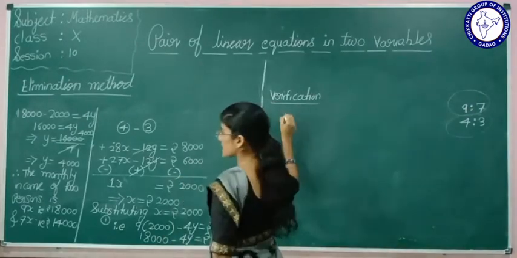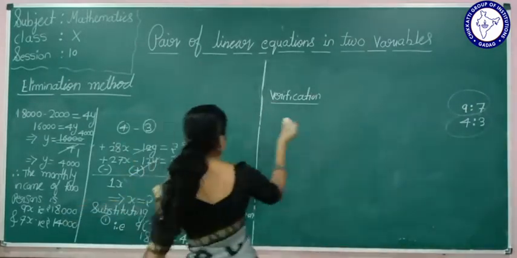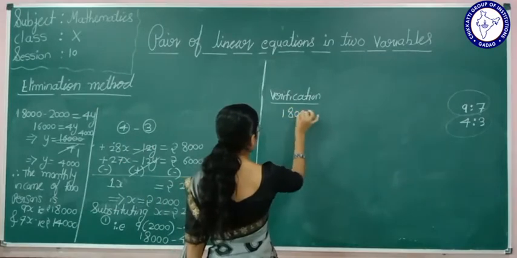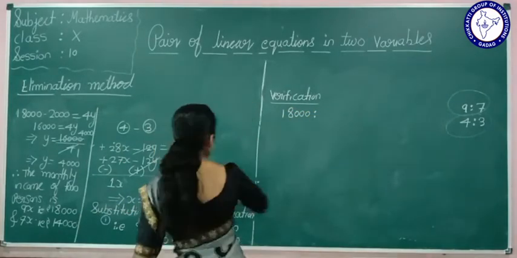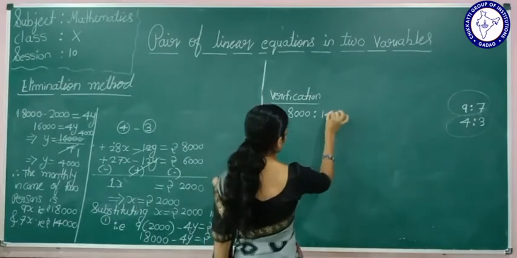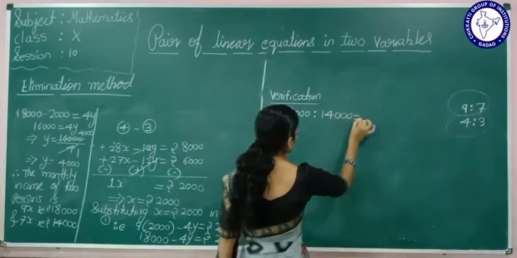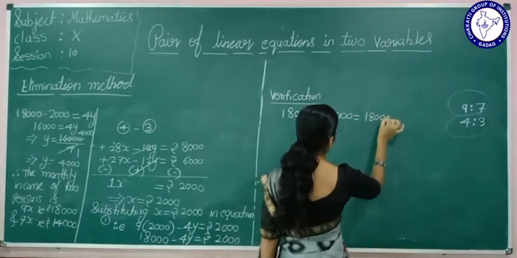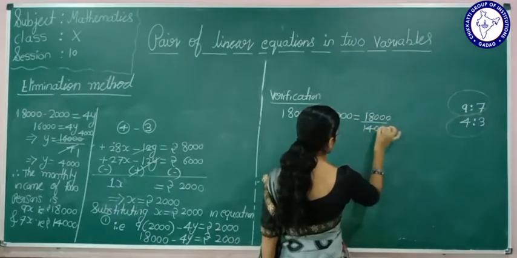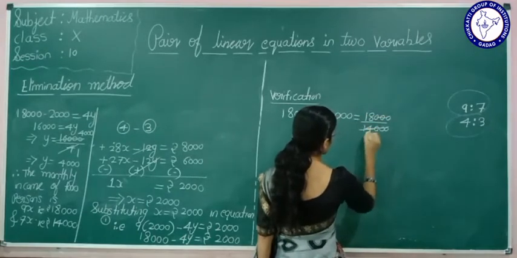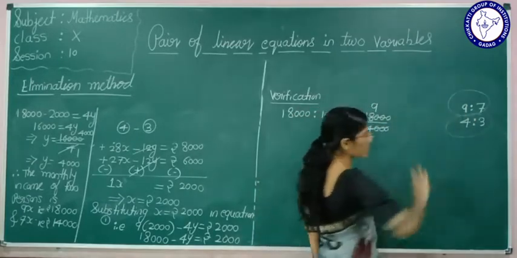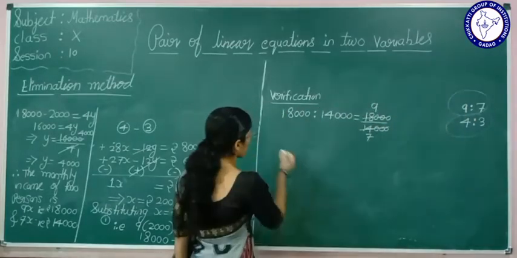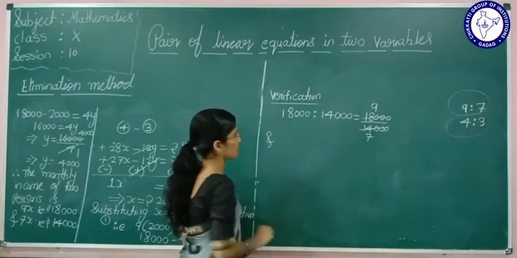So what is the monthly income of the first person? 18,000 is to 14,000. See here, 18,000 divided by 14,000, 2 sevens are 14, 2 nines are 18, so 9:7. Is it correct? Yes.